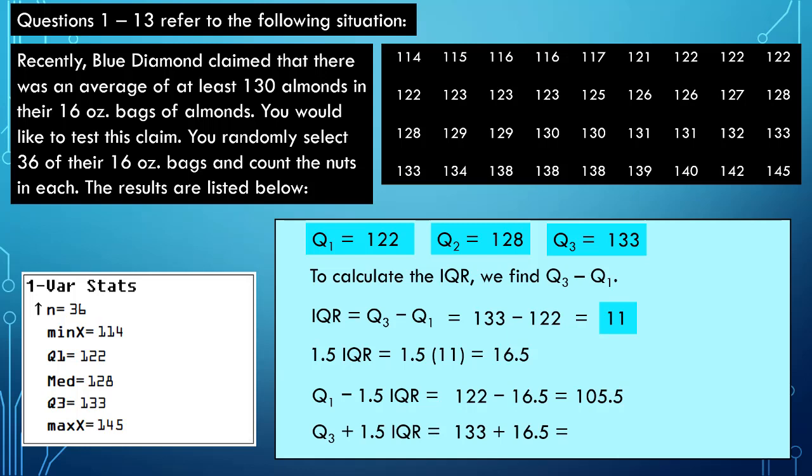And that's 133 plus 16.5, which is 149.5. So we look for any data values that are less than 105.5 on our set of data, and we find none. And we also look for data entries that are more than 149.5, and we find none. So that means we have no outliers in this particular problem.